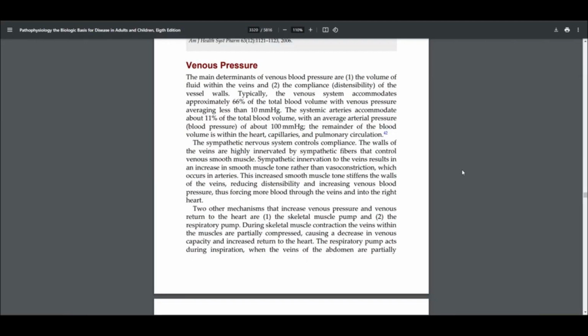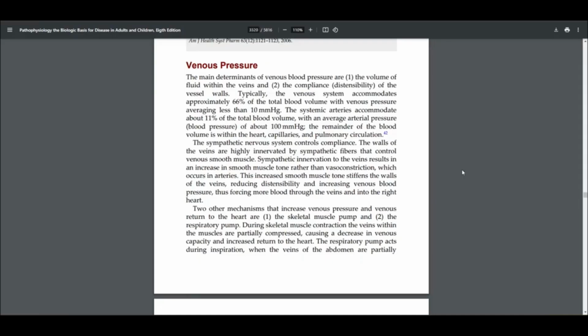So, that leads us to venous pressure. The main determinants of venous blood pressure are the volume of fluid within the veins and the compliance or distensibility of the vessel walls. Typically, the venous system accommodates approximately 66% of the total blood volume, with venous pressure averaging less than 10 mm of mercury.